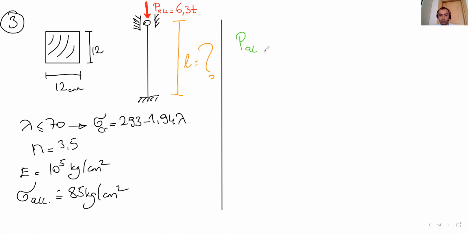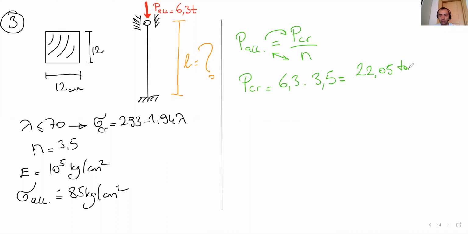P allowable is P critical over N. So if we multiply these two, P critical equals 6.3 times 3.5. If you multiply these two numbers, we get the critical force like this.